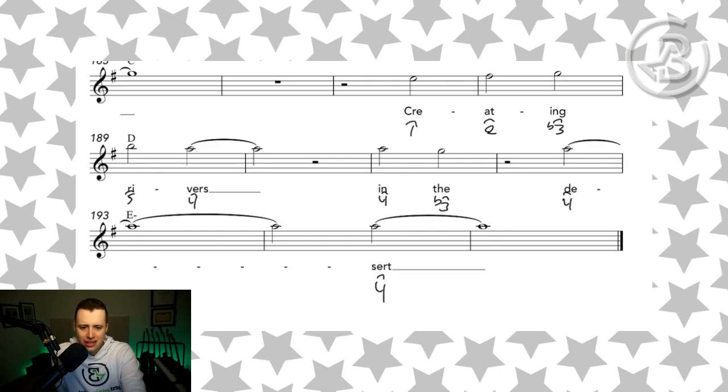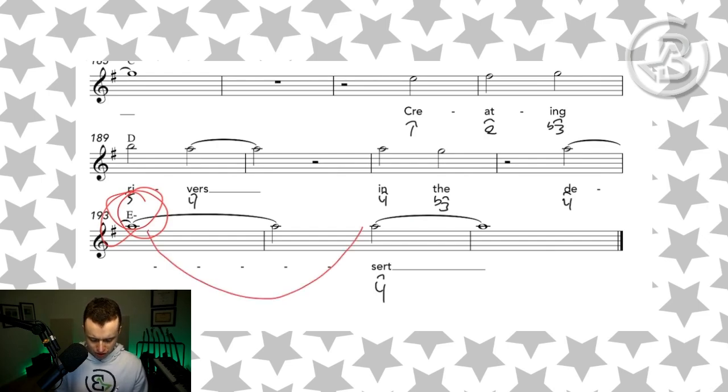And that's what we can see here with this A note, scale degree 4, even though the E minor chord is right here. The note over this E minor chord is an A. If you think about it, that's 4. So that creates a feeling of instability and like you're not resting.